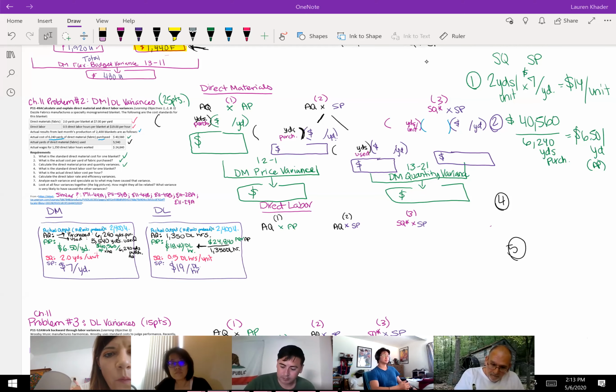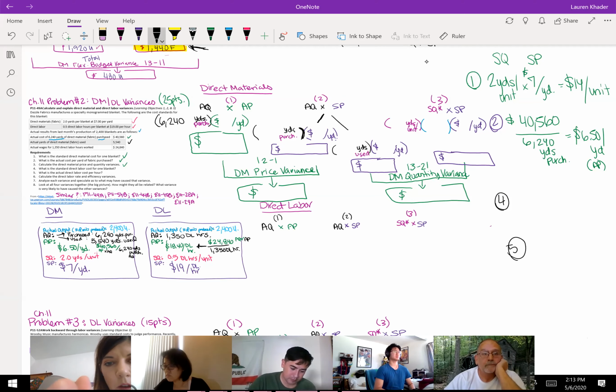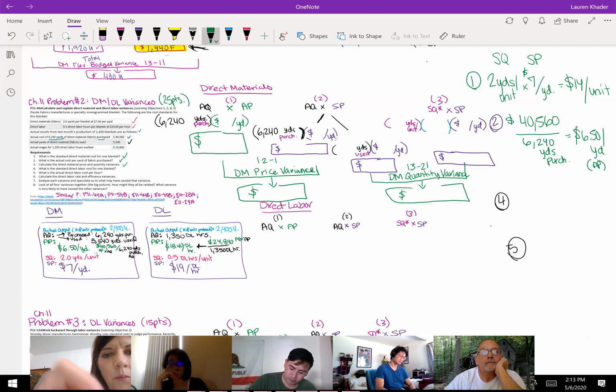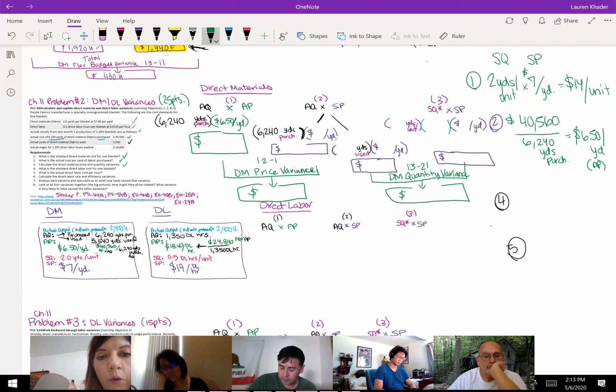Okay, so under 1 and the first half of 2, the actual yards purchased is going to be used, 6,240. And under 1, we're going to have that at the actual price. So how much you actually paid per yard for those 6,240 yards purchased.